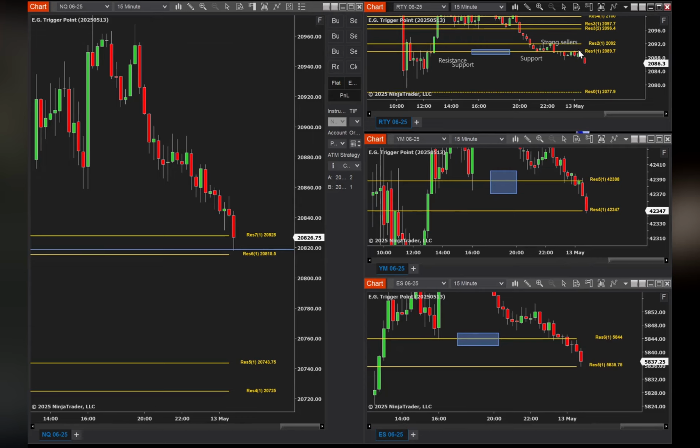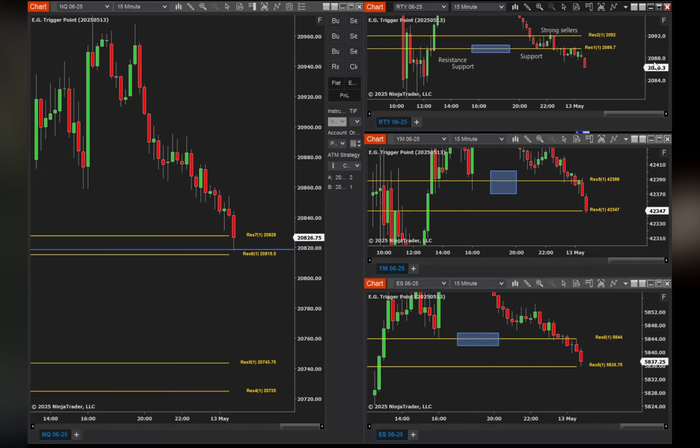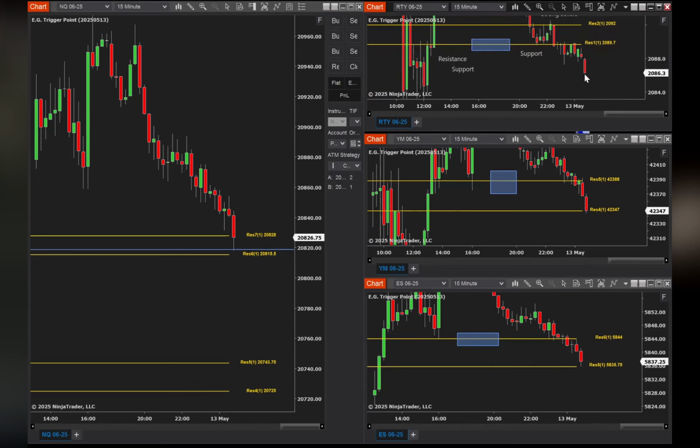This is a resistance, but considering RTY's volatility, at this point RTY is below resistance. It is not contradicting going long on the other instrument, because it's far away from resistance and may go up higher. There is a large distance here for RTY to consider it contradicting the long trade I want to take here.